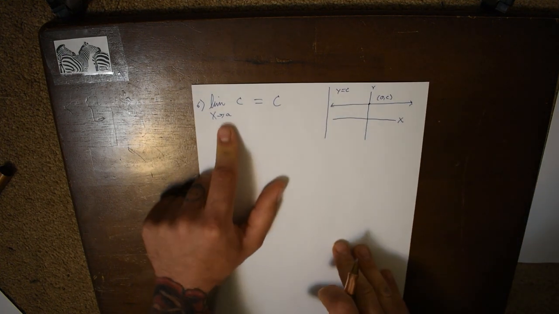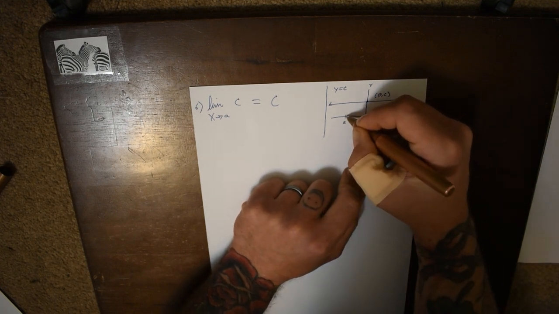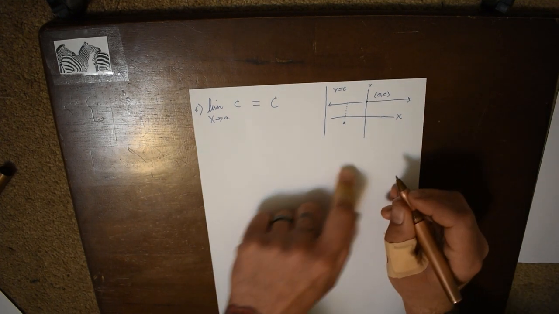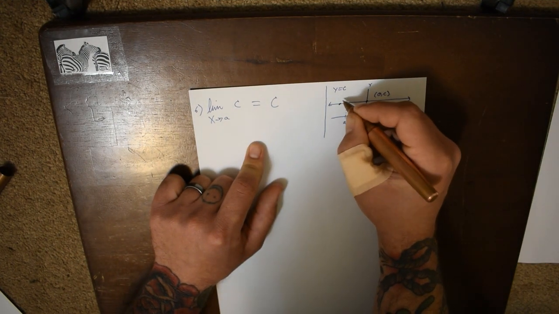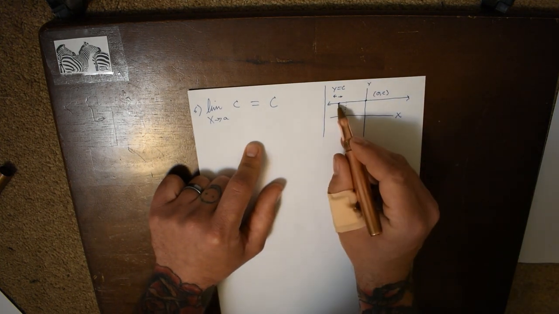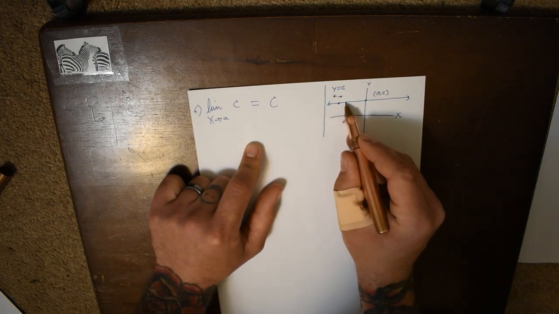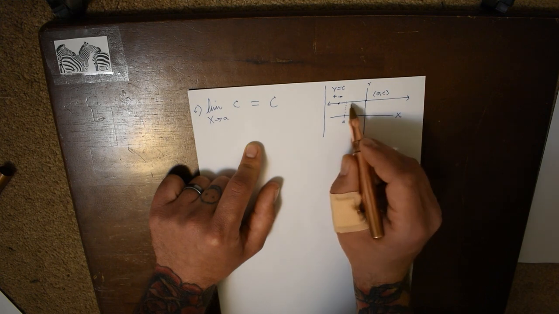Now, it doesn't matter what the value of a is. If we put a right here, take a look. As we let some point slide left and right on this graph, as this point gets closer and closer to having an x value of a, its y value is always c. It's moving on a horizontal line.